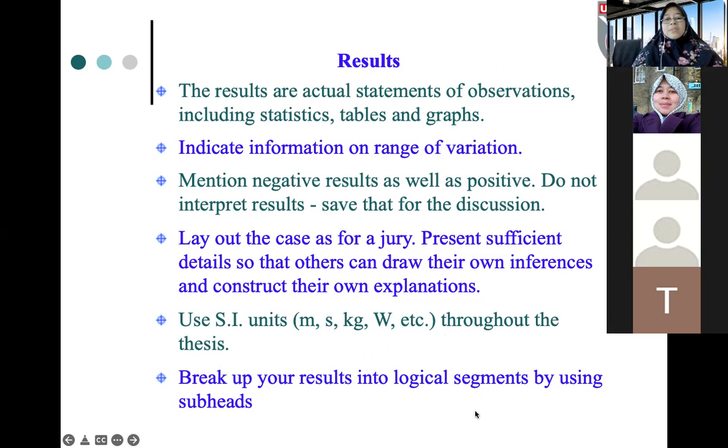Break out your results into logical segments by using subheads. Okay, if you don't have any ideas because your work is very new, talk to your supervisor. They have a lot of experience, and they should by right know how to organize your thesis. So the supervisor must play a big role in helping you write your thesis.